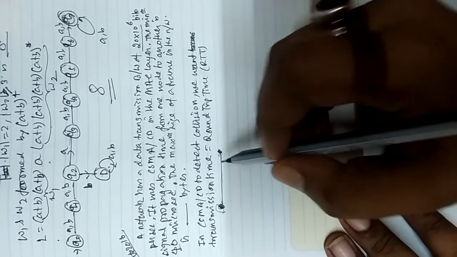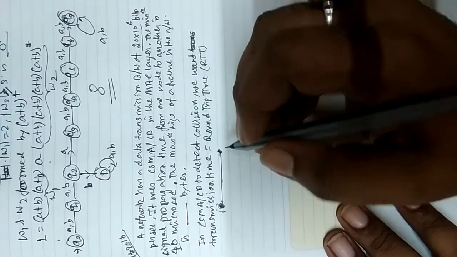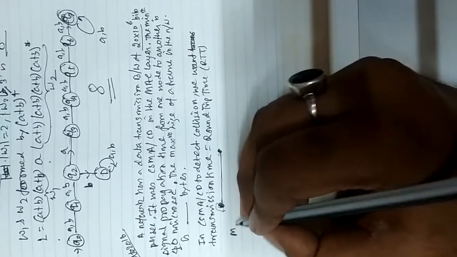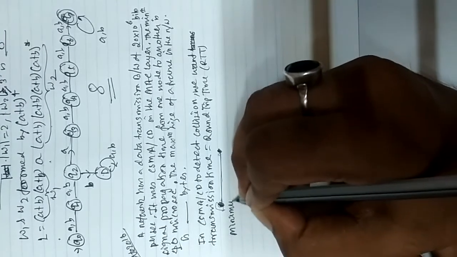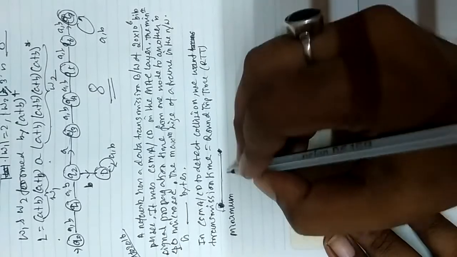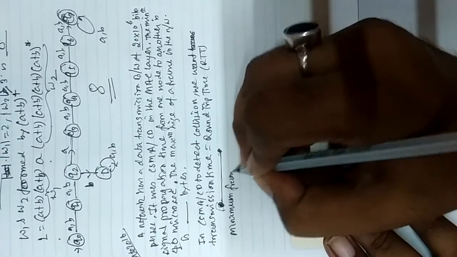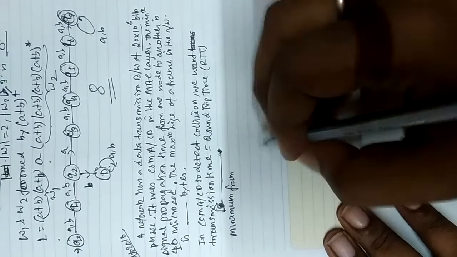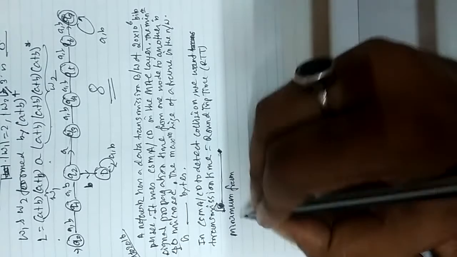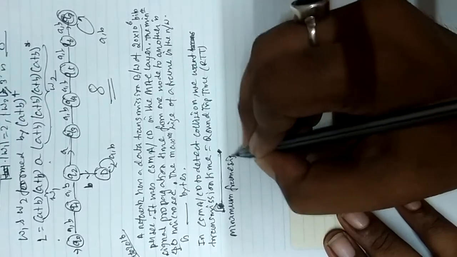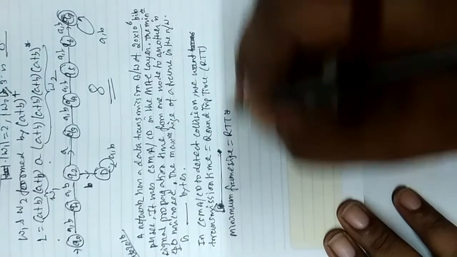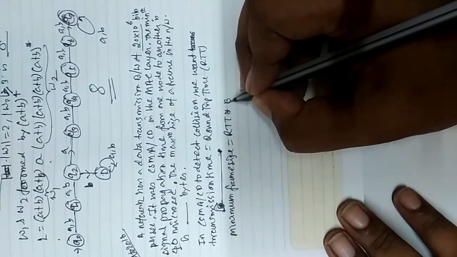So we need this. We can write in this juncture that the minimum packet size or frame size, we have already discussed in CSMA/CD in my previous lecture, is equal to round trip time into the bandwidth.